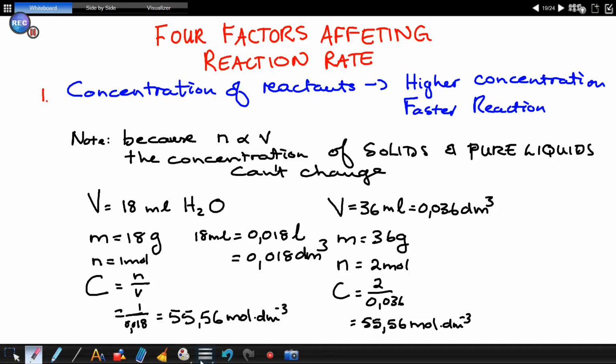And a solid, I also want to refer to a solid. So solids, like the calcium carbonate we have here. If I've got 1 mole of calcium carbonate, I'll have 100 grams of calcium carbonate. Now, I haven't measured the volume of calcium carbonate, but I think you can understand that it will have a specific volume. And if I double the mass, what will happen to the volume?